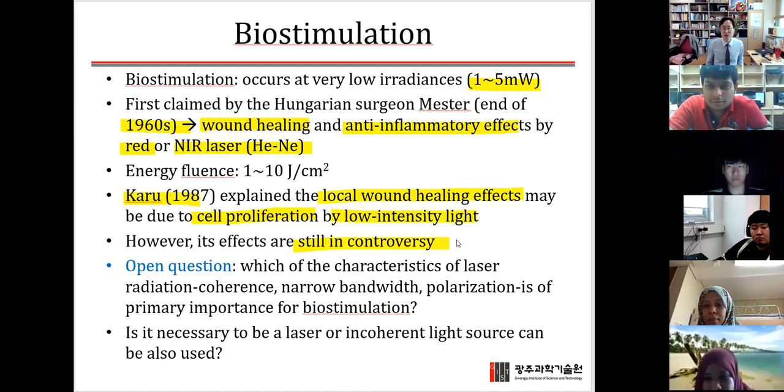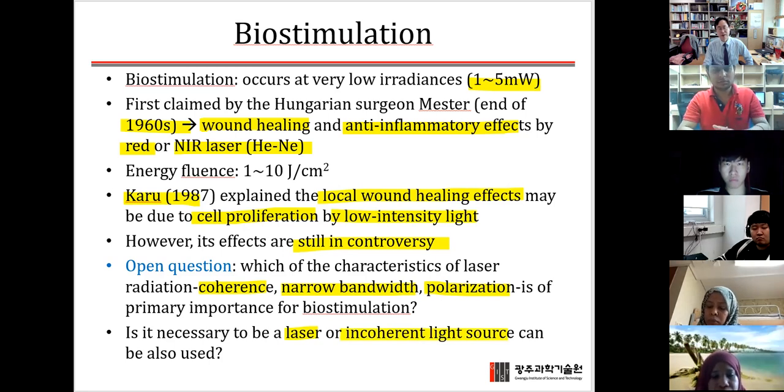But the open question is which of the characteristics of the laser radiation, like maybe coherence, or maybe laser has a very narrow bandwidth of the wavelength, or maybe the polarization, among these, which one is an important parameter for the biostimulation? Or another question, should we use the laser? Or can we use an incoherent light source, such as the LED?